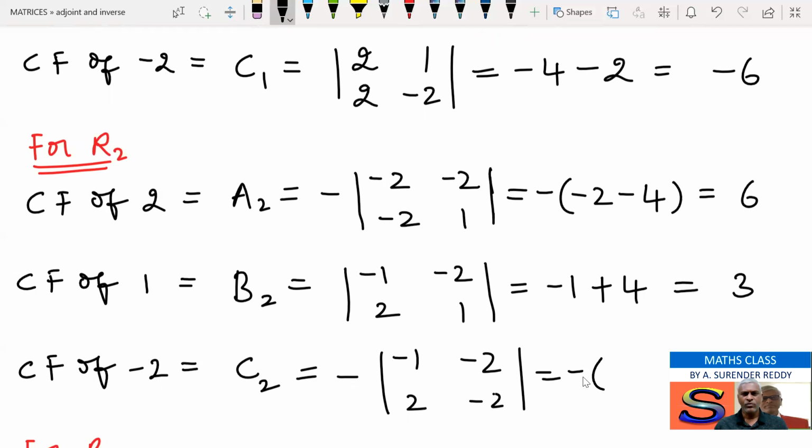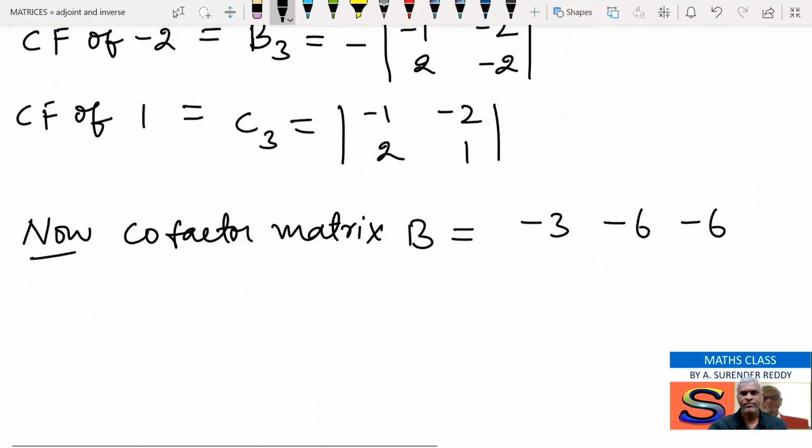Minus into minus, plus 2. -2 into 2 is -4, -4 into minus plus 4. 4 plus 2 is 6 and minus into 6 is -6. So the second row cofactors are 6, 3, -6.